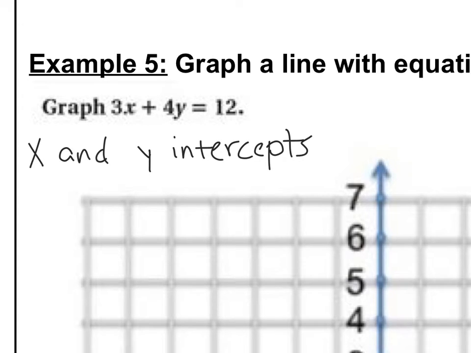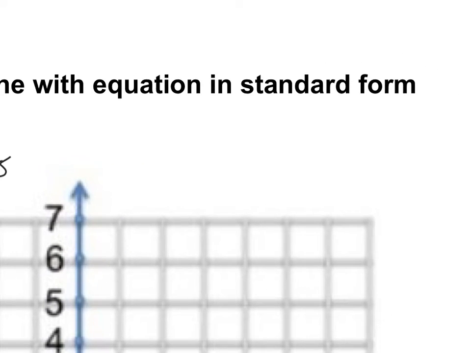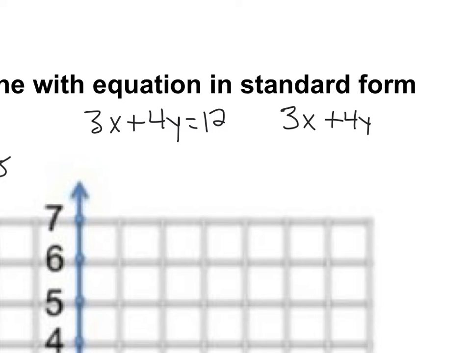Now, the easiest way to do this is to take this problem, and we're going to solve it twice. So I'm going to move over here and write it. 3x plus 4y equals 12.